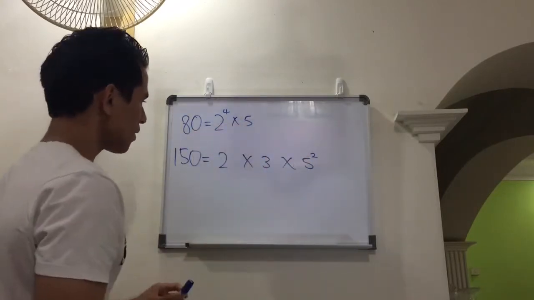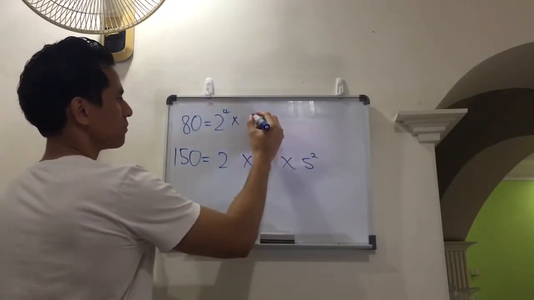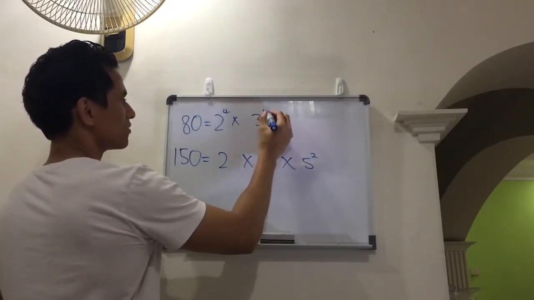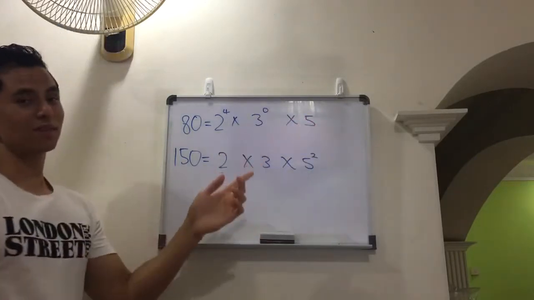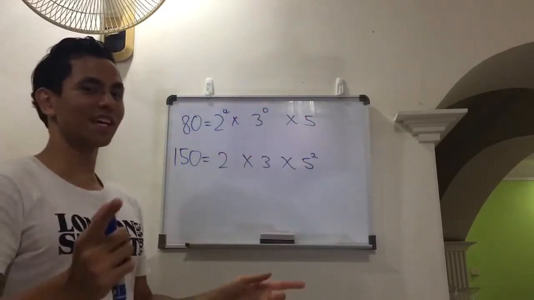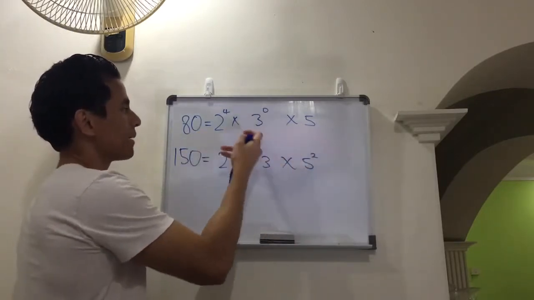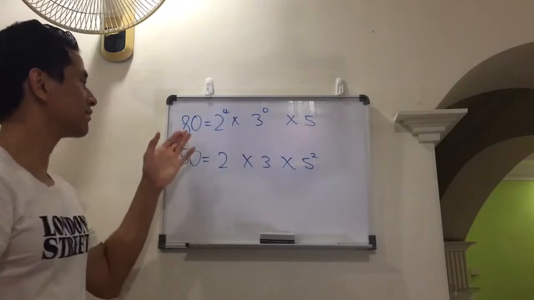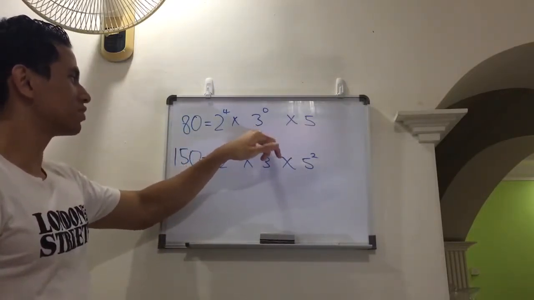So, what can we do? We'll just do as such. Multiply by 3 to the power of 0 times 5. You see? Remember what I taught you about to the power of 0? Recall that? So that's really important here. By multiplying this whole thing by 3 to the power of 0, I have kept the value here the same, but I've introduced the multiple 3.